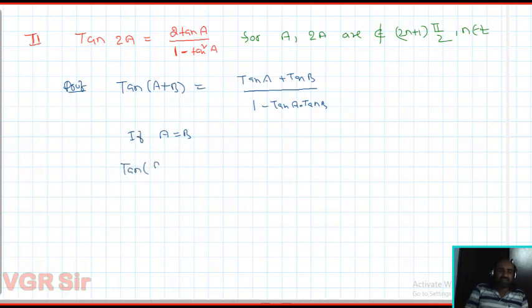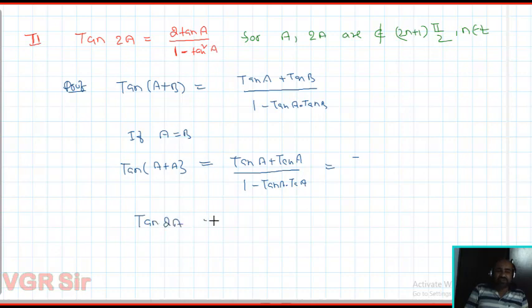Tan of a plus a, instead of b I am writing a, equals tan a plus tan a by 1 minus tan a into tan a. So which is same as tan of a plus a, which means tan 2a.